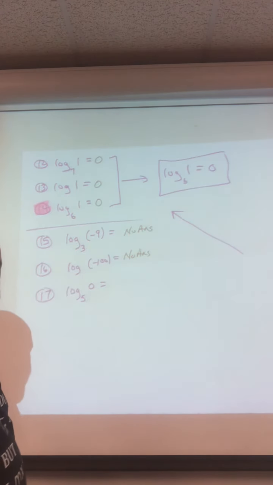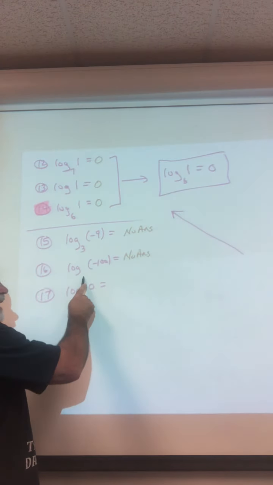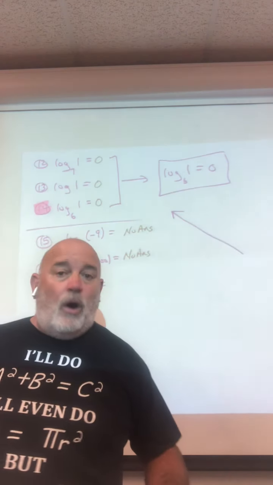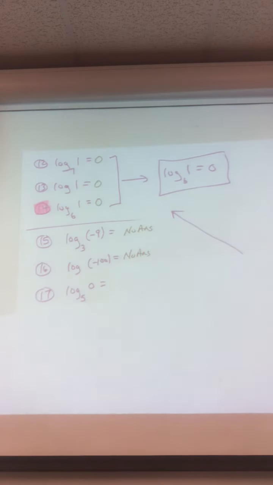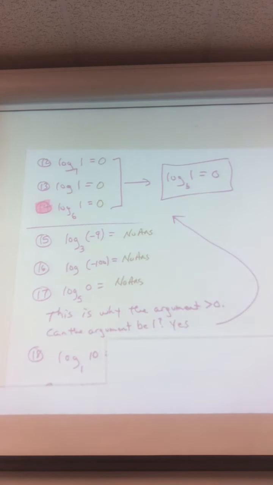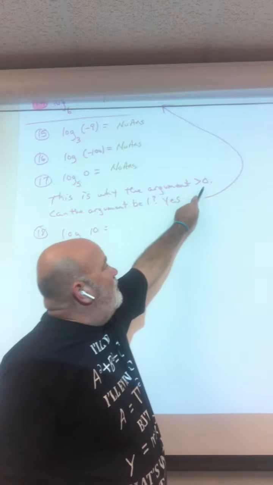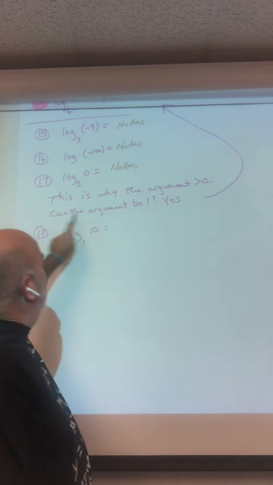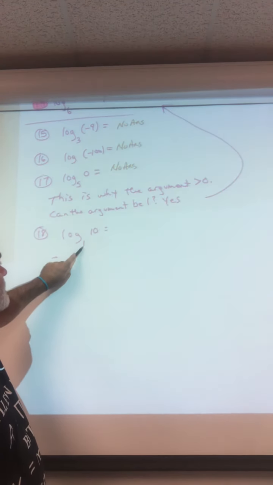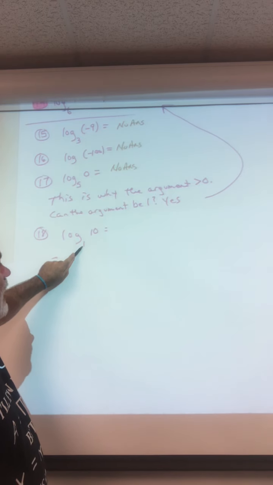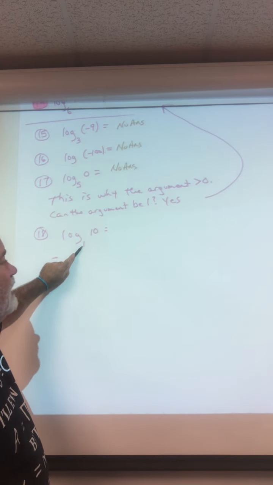All right. For the same reason, your base can't be 0 or negative either. But what was the other stipulation on your base? Remember, the base right here has to be positive, but it can't be 1.